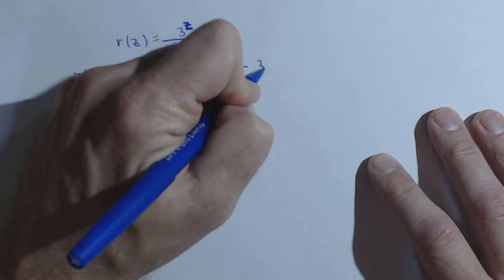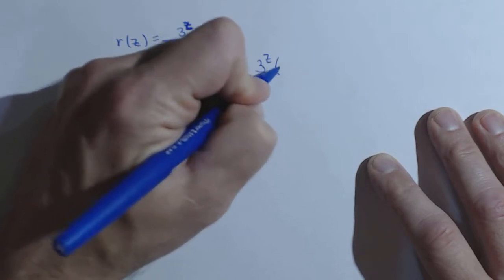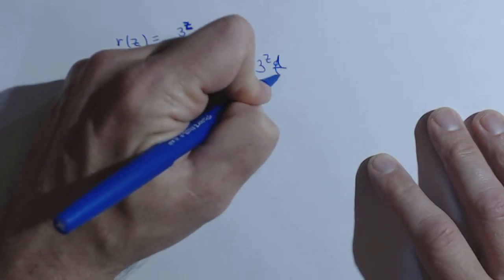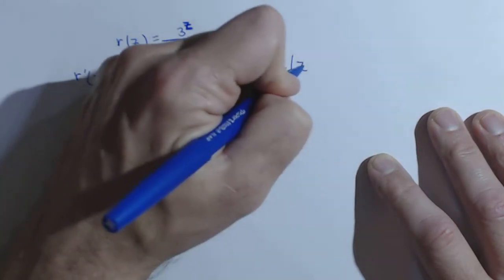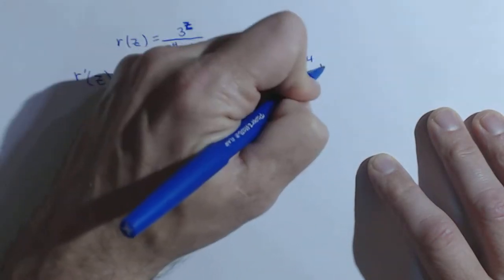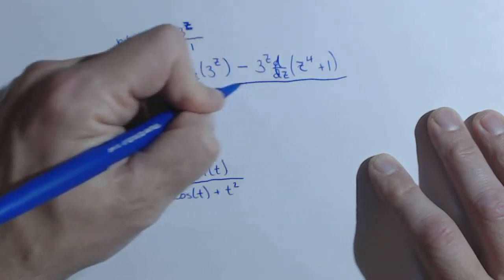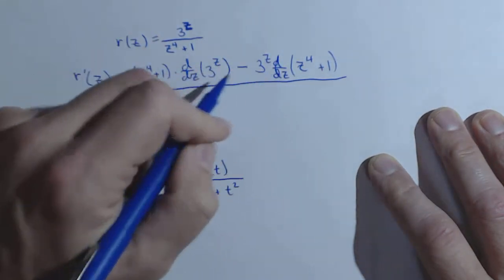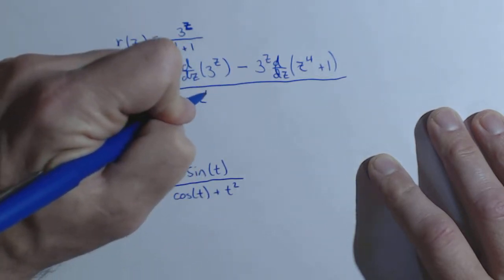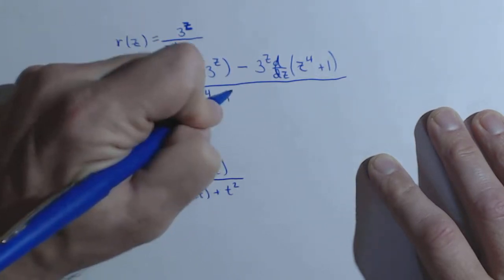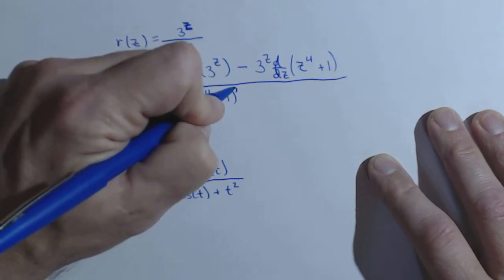Now the 3 to the z gets left alone, times the derivative of the denominator, z to the fourth plus 1. As you get more practice with the quotient and product rules, you won't be needing this notation as much. Over z to the fourth plus 1, that quantity squared.